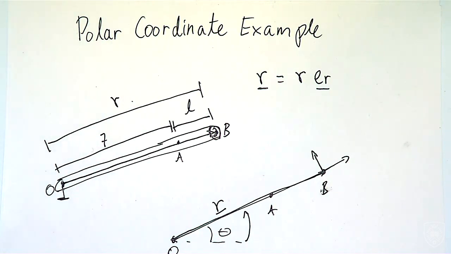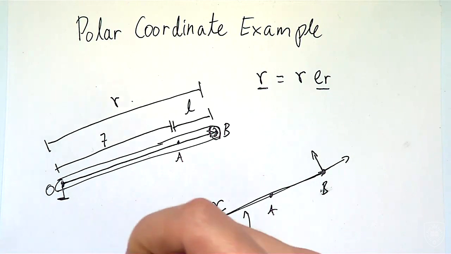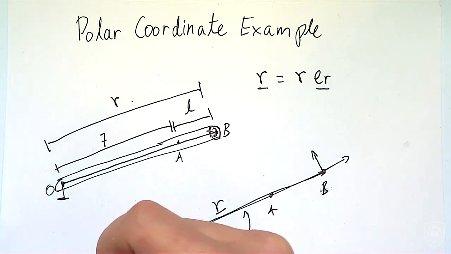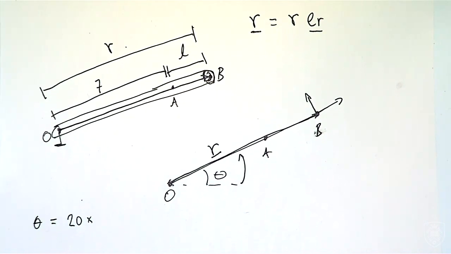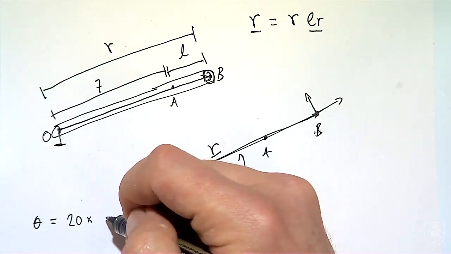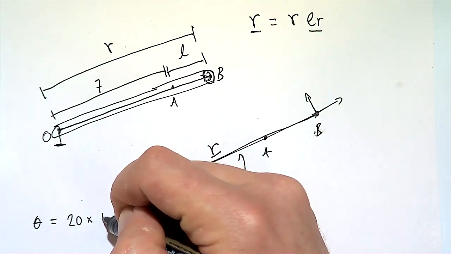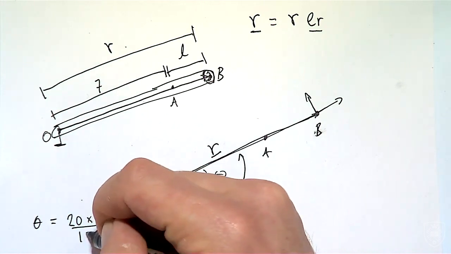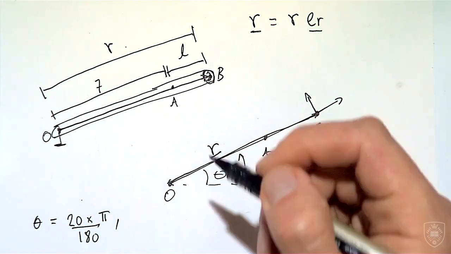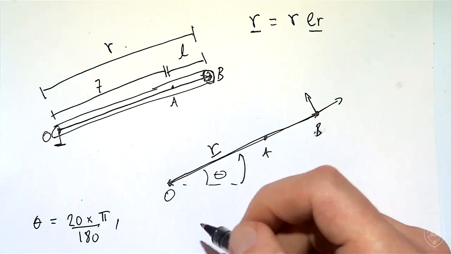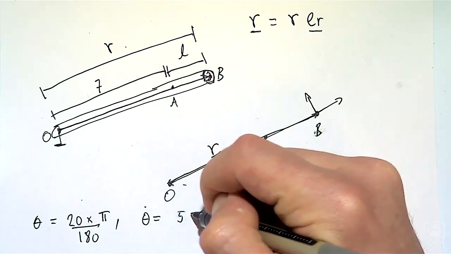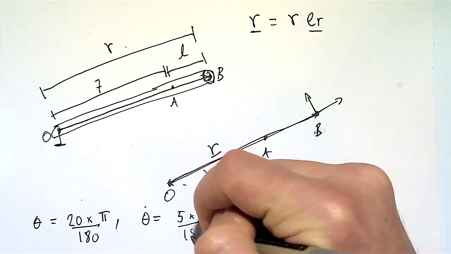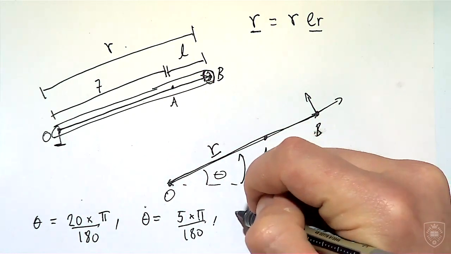Right, so we're given that theta is 20 degrees, which we can convert. I prefer radians, so I'm going to convert it to radians, which is pi over 180. And I'm going to do the same thing for theta dot and theta double dot.